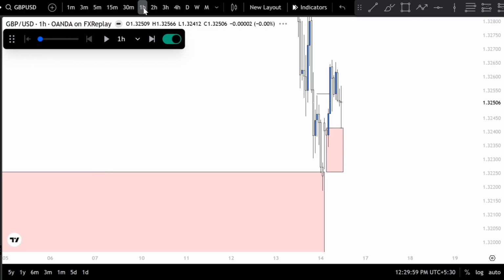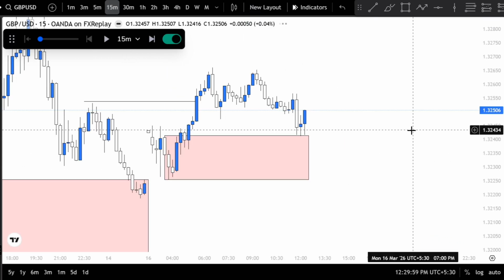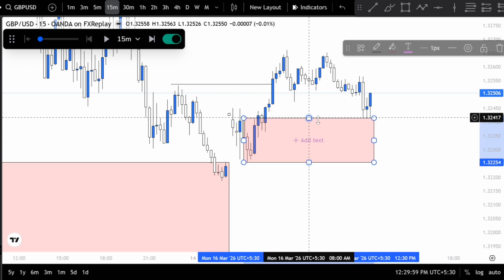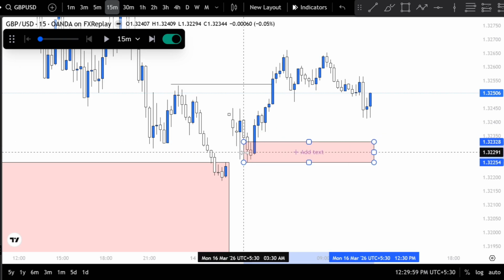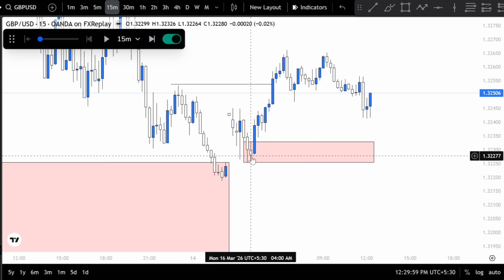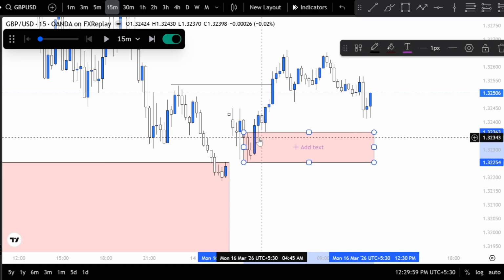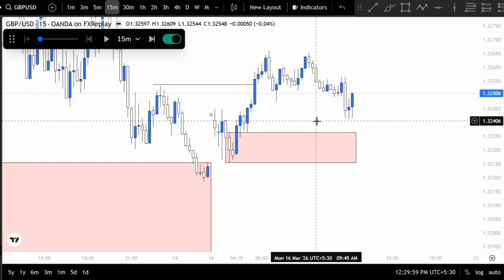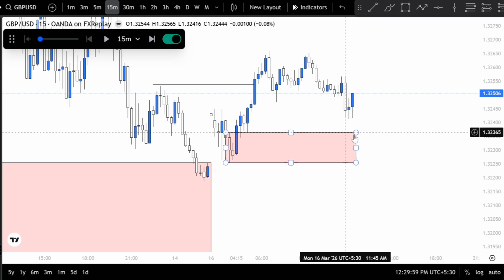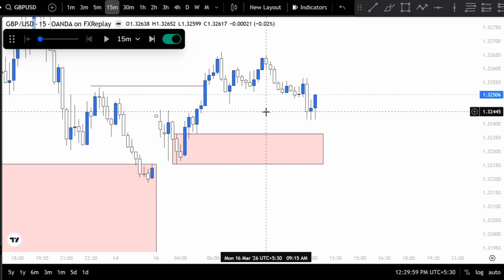If we go from the 1 hour time frame to the 15-minute time frame and refine the entry zone, this will be the refined entry zone here. By the way, this candle is under this candle as an inside bar, so there's no actual POI here. This is a fake POI. We'll talk about the fake POI in later videos, because today we'll be only focusing on the simple entry model.